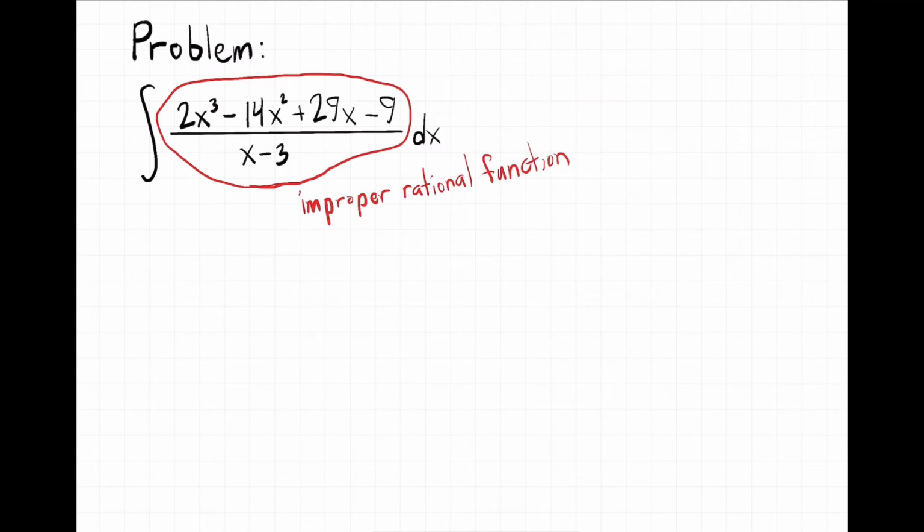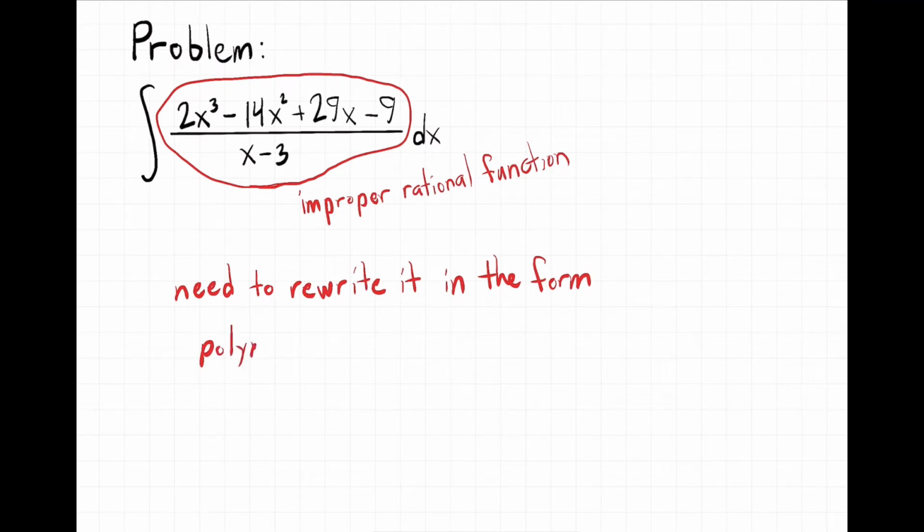But here's a fact. Any improper rational function can always be written in the following form. We can always break this down and write it as a sum of a polynomial plus a proper rational function.